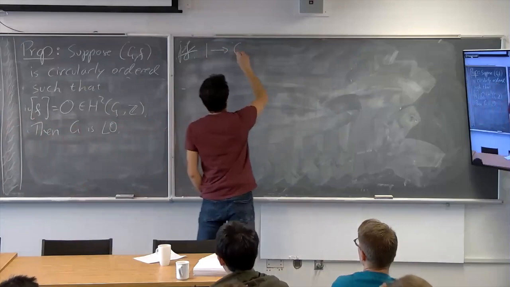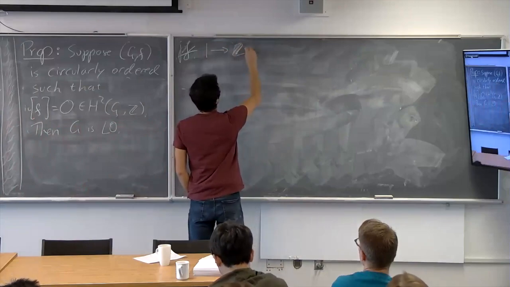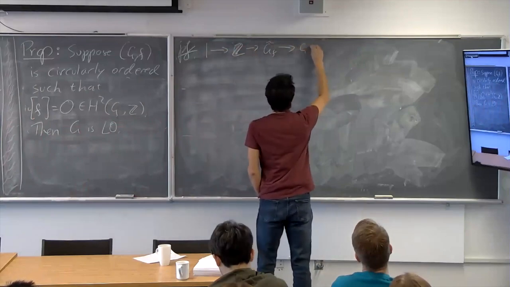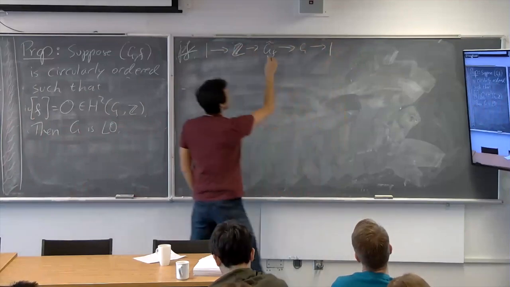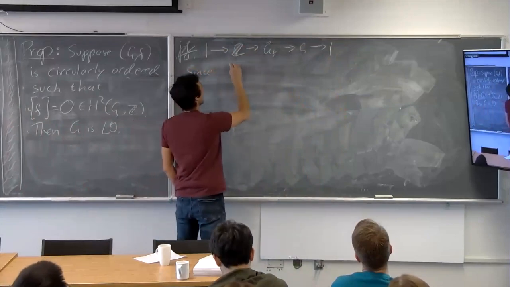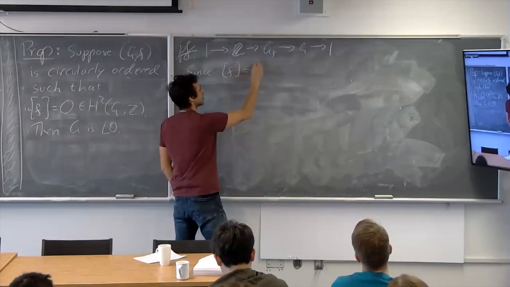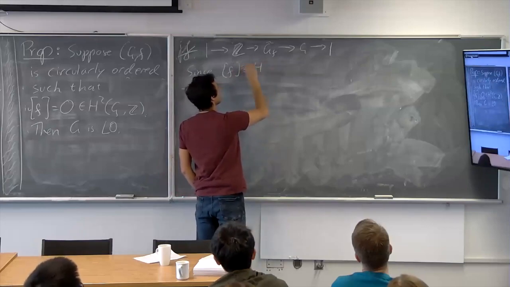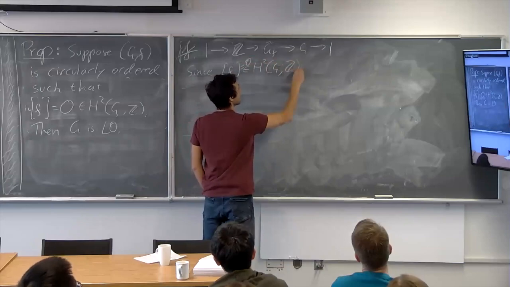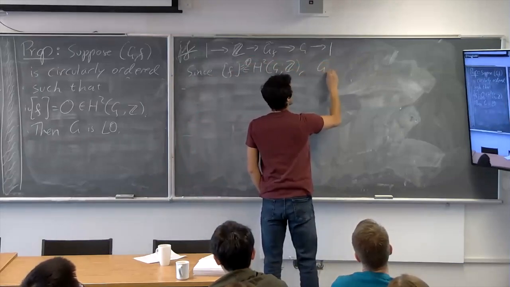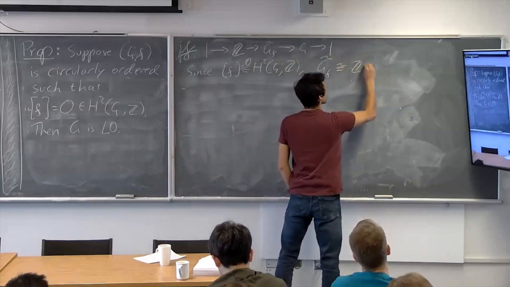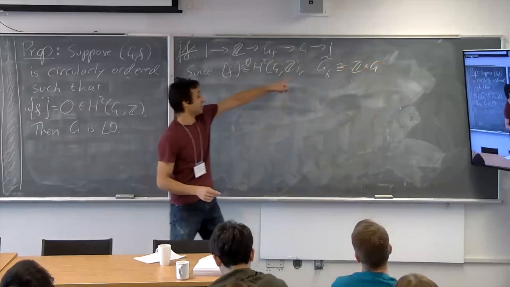Consider 1 to Z to G tilde F to G to 1. But since F is the trivial cohomology class, F equals 0 in H2 with Z coefficients, we have that G tilde F is isomorphic to Z cross G. G tilde F is left orderable.